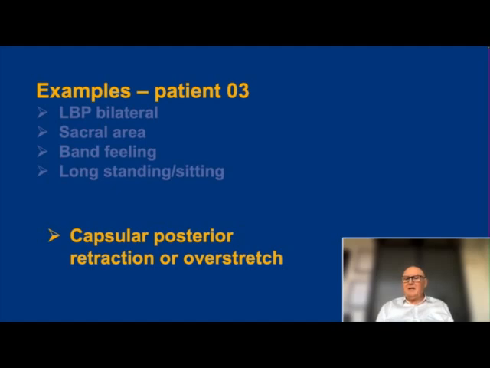Now this indicates that the posterior capsule of the sacroiliac joint is the pain-causing structure, and these ligaments on the posterior side of the sacrum, so between the ilium and the sacrum, can be overstretched when the sacrum is in a posterior rotation, and they can also be shortened or in retraction, specifically when the sacrum is in an anterior rotational position. Now, every time when there is a pain and a problem around the sacrum, there has to be paid attention also to the visceral pelvis area, so to the organs of the pelvis.